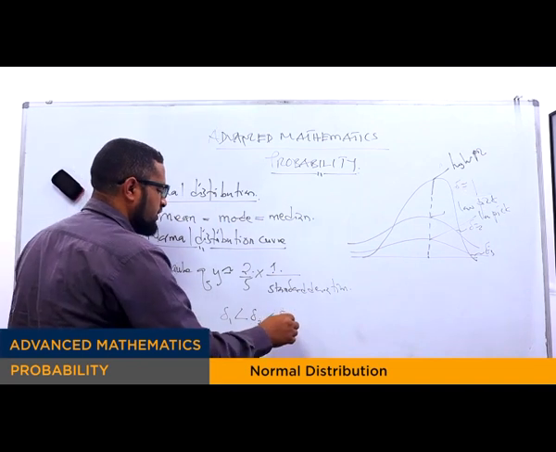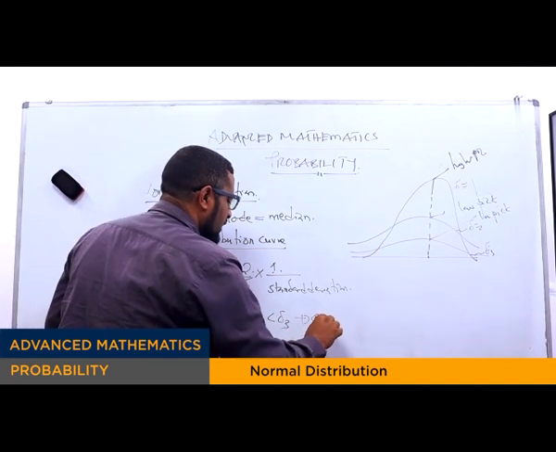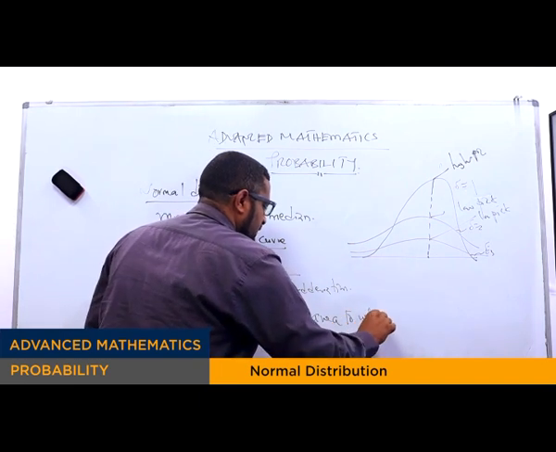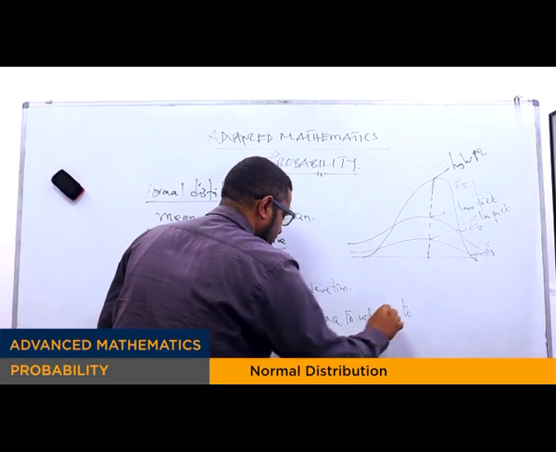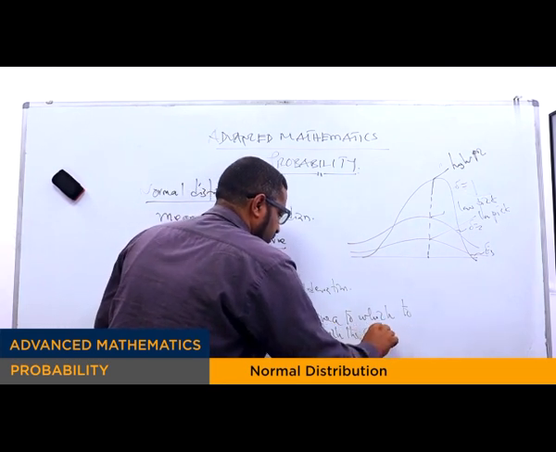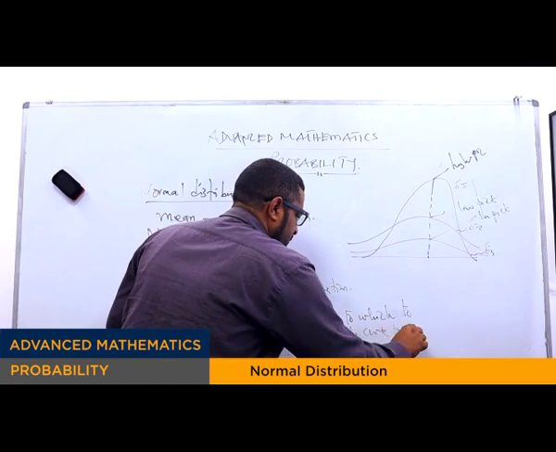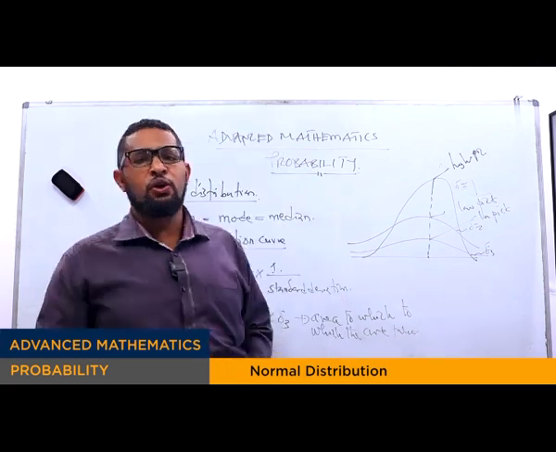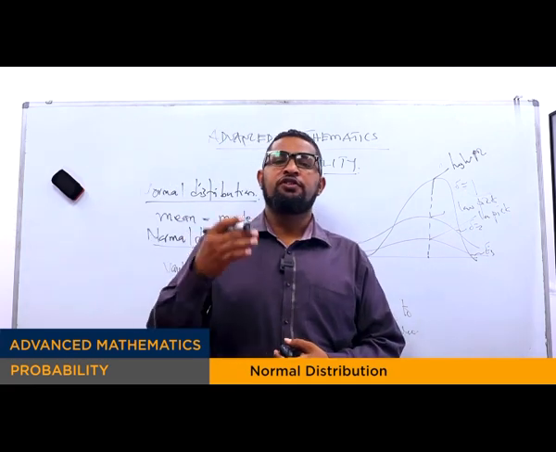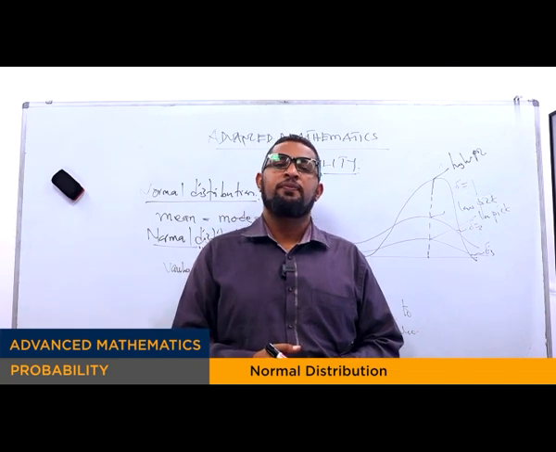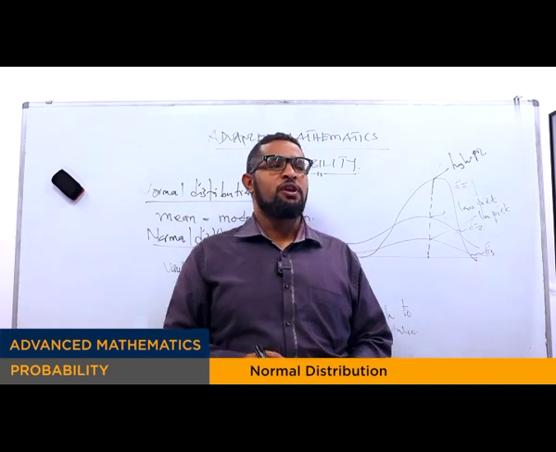But this is in the case of the area which the curve takes. Now, why are we learning normal distribution? Because it is used in solving different problems in probability.